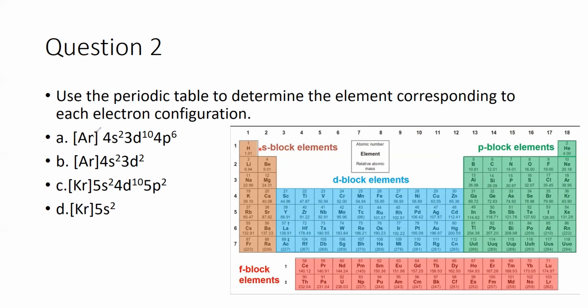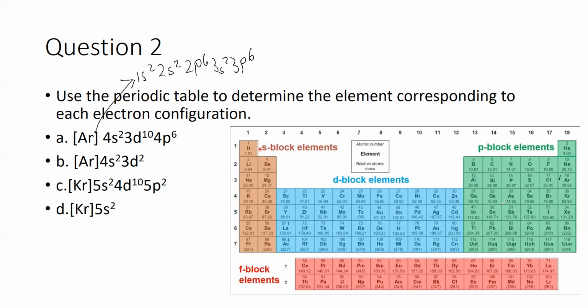So this bracket argon is shorthand for the electron configuration of argon. Argon's right here, so this is 1s2, 2s2, 2p6, 3s2, 3p6. But instead of writing all that out, I can just say bracket argon.